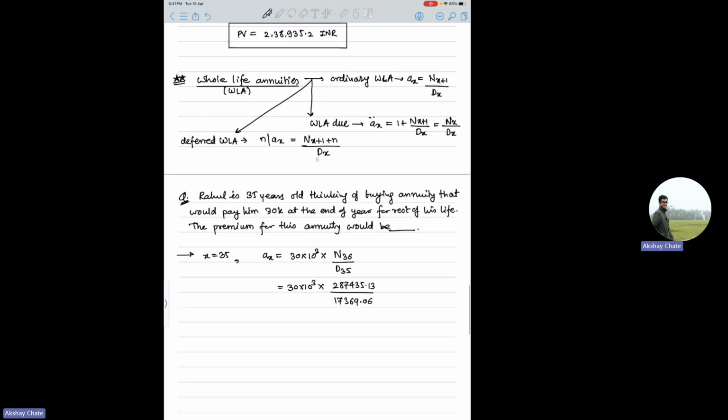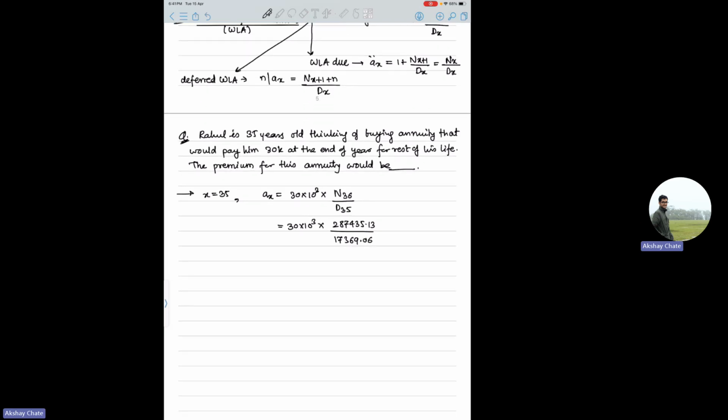So this ratio comes out to be 16.55, and if you multiply this, you will get around 4.9 lakhs. Let me just do that: 28743513 divided by 17369.06 is 16.55, into the 30,000 he wants.